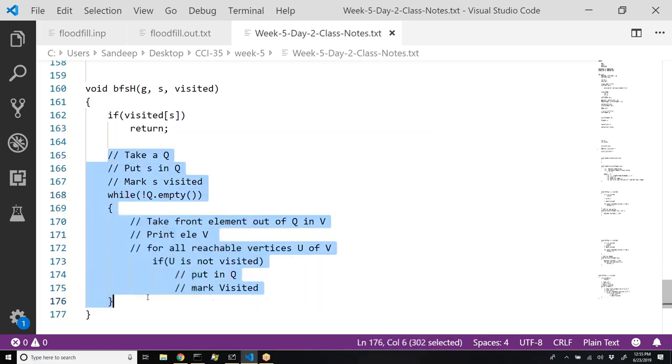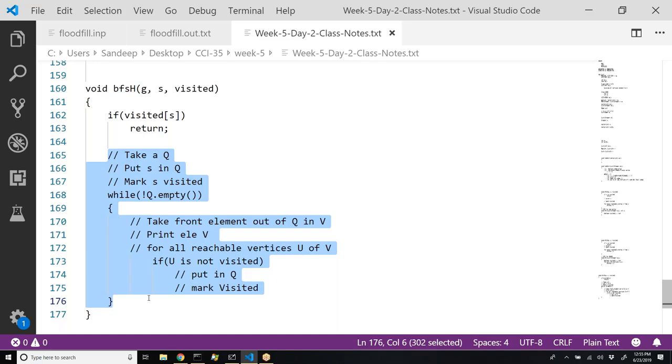By the time this while loop gets over, will the queue become empty or not? When we are running this code, at the end of it, queue will anyways become empty. So anytime when you are coming, this queue you have to take again, which is perfectly okay.